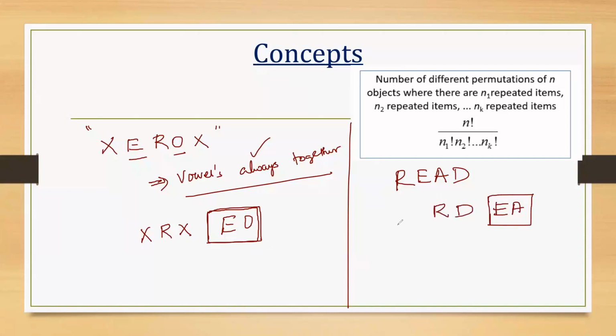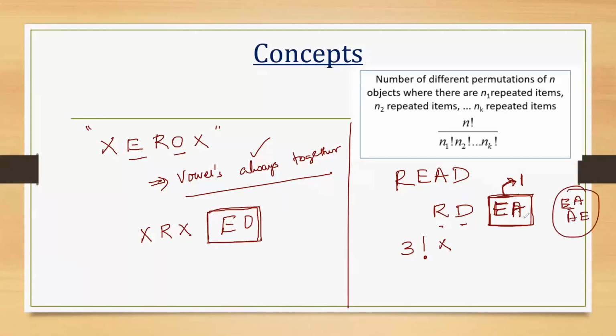Now we need to arrange these letters, right? Consider this box as 1. Since they come together, the remaining letters will sit nearby. So take this box as 1 person. So we have R, D, and this one, total 3. To arrange 3 letters, we have 3 factorial ways. And inside the box, we have EA or AE.